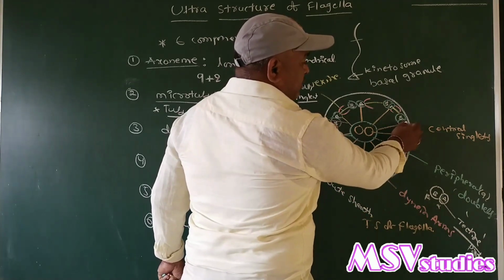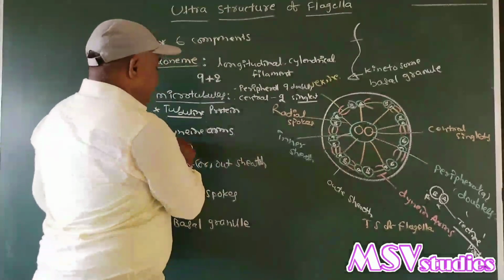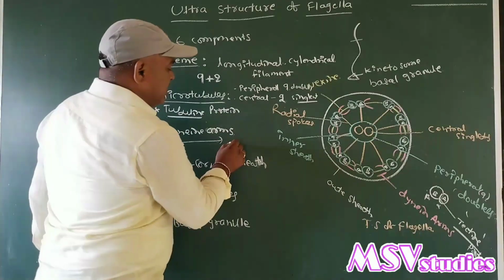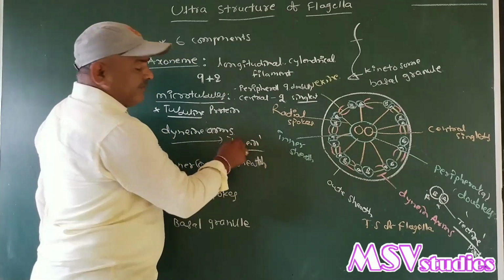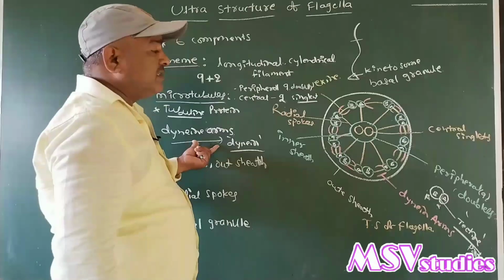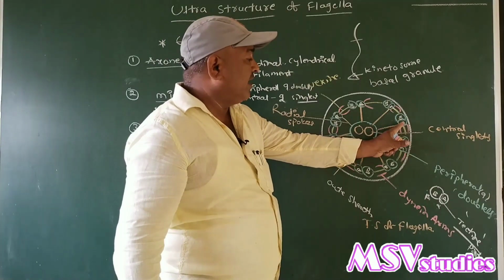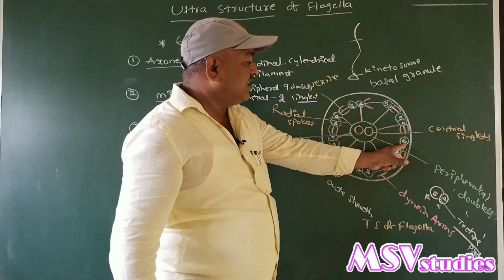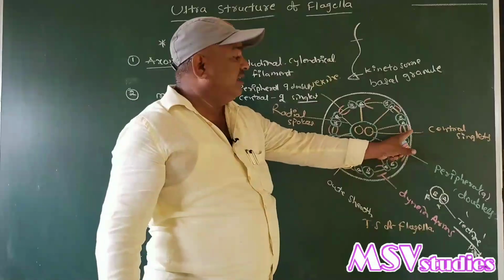Next, the A microtubule has 1 pair of dynein arms. Dynein arms are made up of dynein protein. The dynein arms connect one peripheral A microtubule to the adjacent B microtubule.